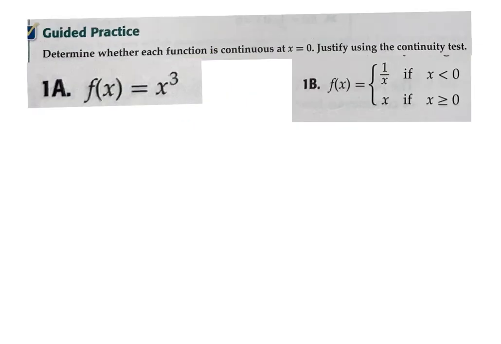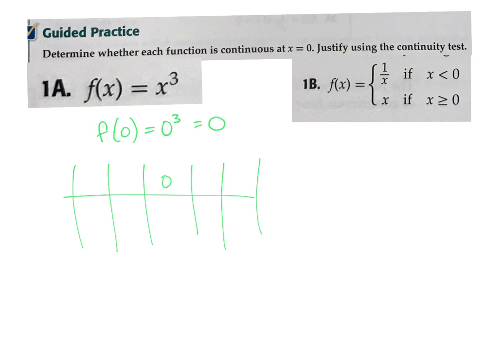All right, charts. The first one, x cubed. All right, so they want us to know if it's continuous at 0. So f of 0, that's going to be 0 cubed, which is 0. All right? If we were to plug in, so get your calculators out. We're going to do this together so that everybody doesn't have to do. For 0, we are going to use small numbers away from 0, okay?